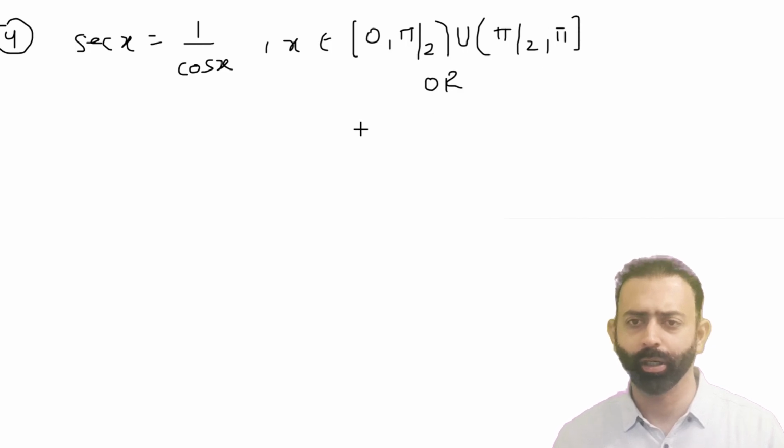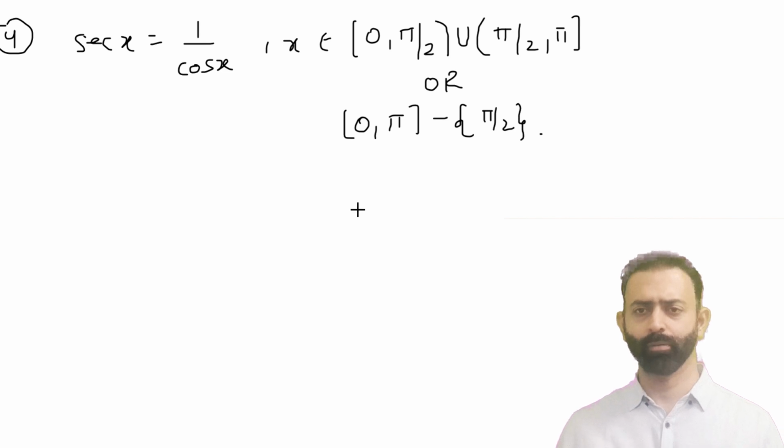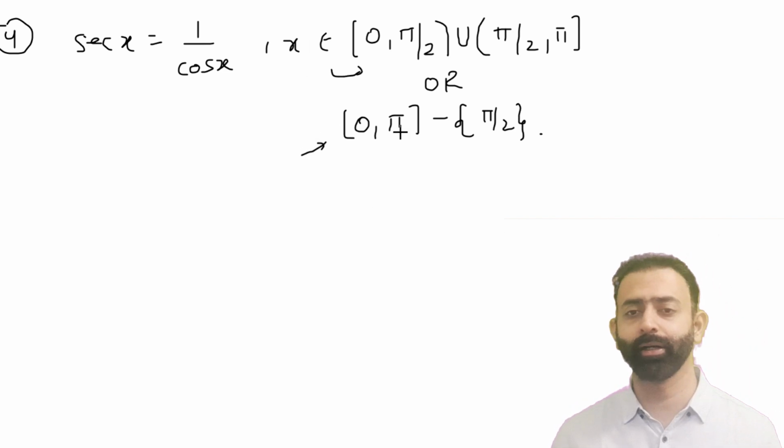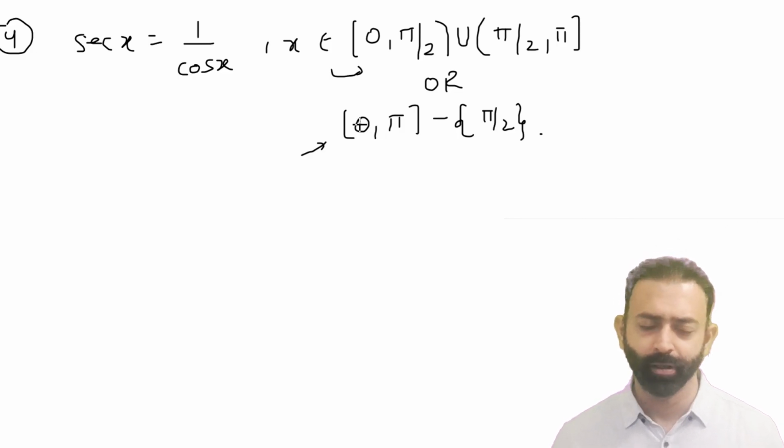Or you can write from 0 to pi, just like cos x, but just exclude the point pi by 2. Mentioning the domain like this is also correct.